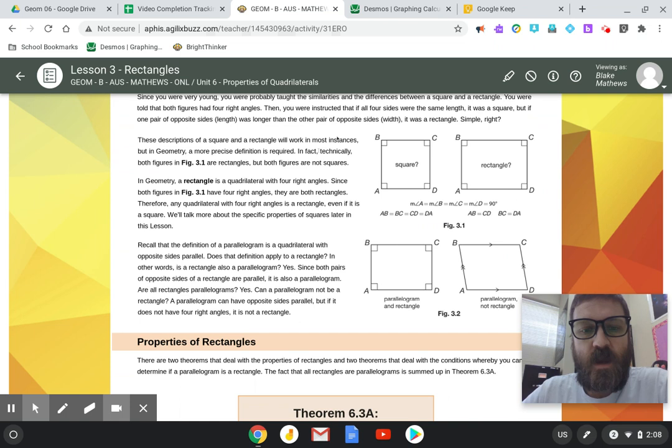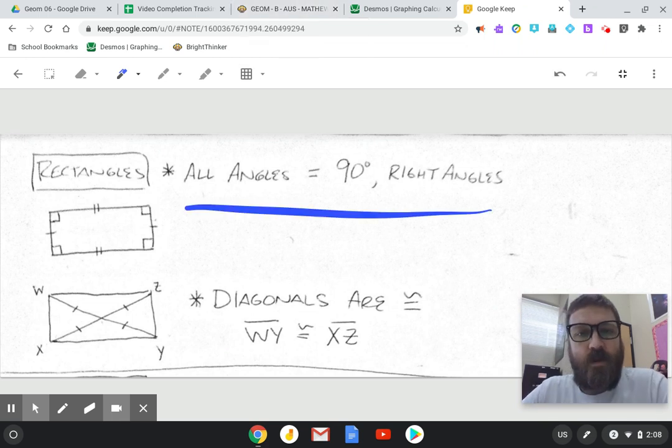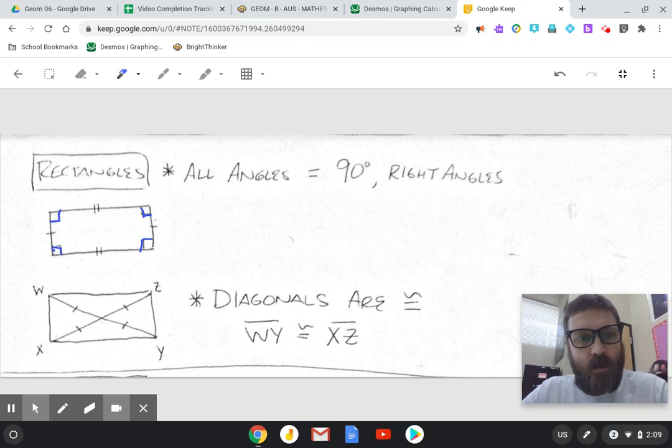The first thing is that they are parallelograms where all the angles are 90 degrees, also known as right angles. So all 4 corners of our parallelogram are right angles.